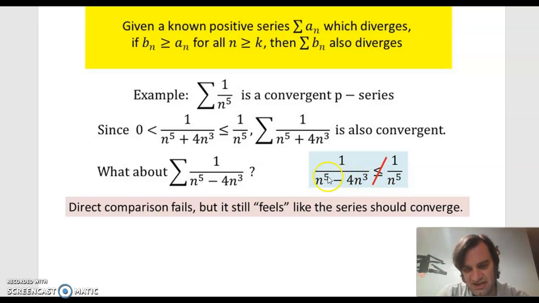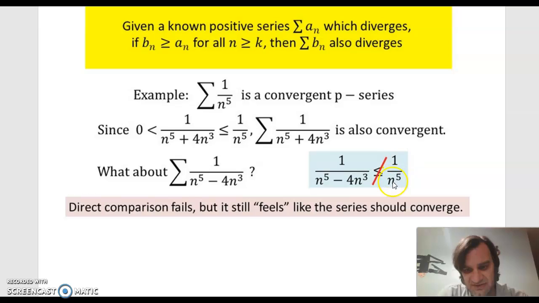The way this is written, the denominator on the left is smaller than the one on the right. Smaller denominator means larger quotient. So as far as this inequality, they should be switched. So we don't know how much bigger our series is than the p-series. So we don't know if it converges or not.